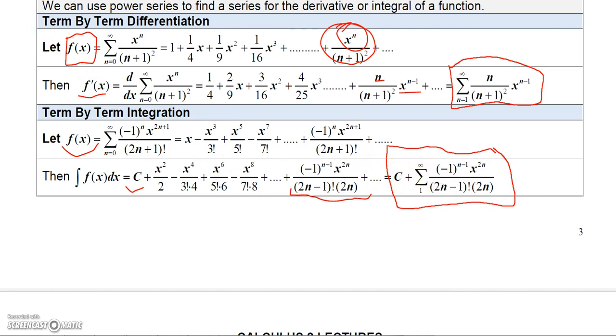And so that's just one of the applications of power series: if you have a function that maybe you don't know how to integrate or differentiate, but you can write it as a power series, then you could just take the derivative or the integral of that power series to get the result.